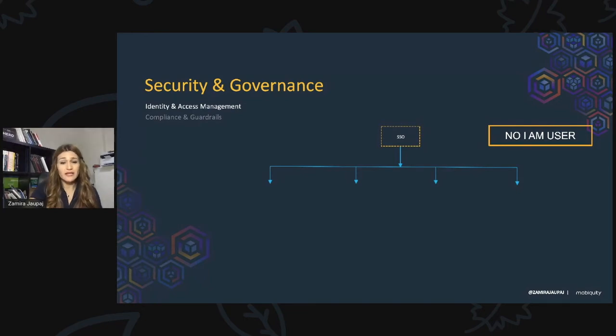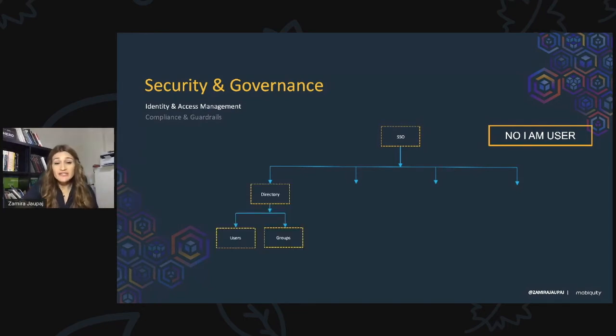Not only that, there are users and groups that you can set up in a master account, where there is single sign-on. Remember, when I have all of these accounts, I would have to set up a single user for each account. Say we have thousands of accounts and thousands of users.